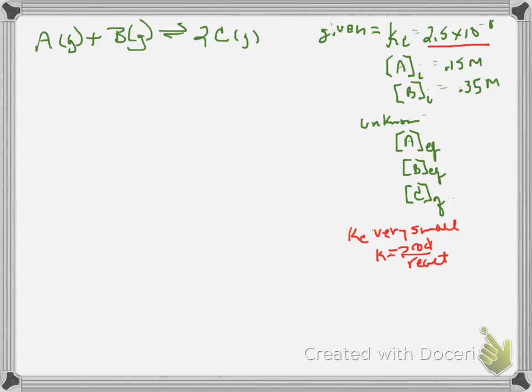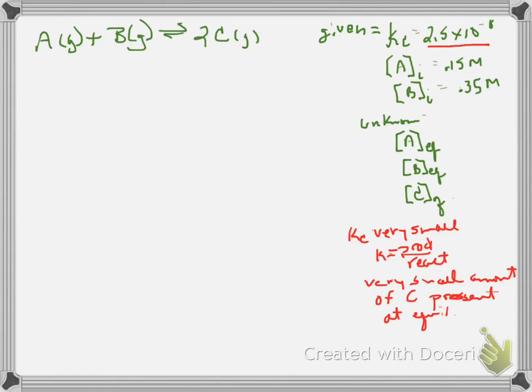Do not ever write that for an equilibrium expression. But since it's very small, this means I have a very small amount of products present. So very small amounts of C present at equilibrium.